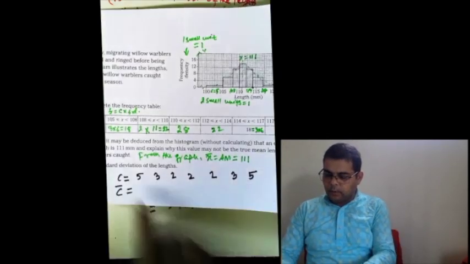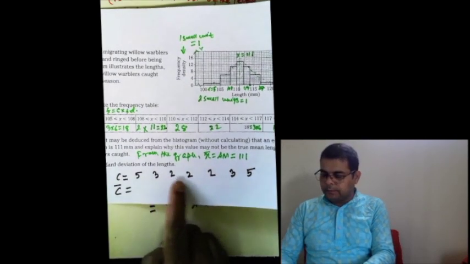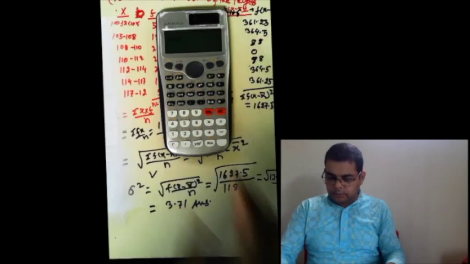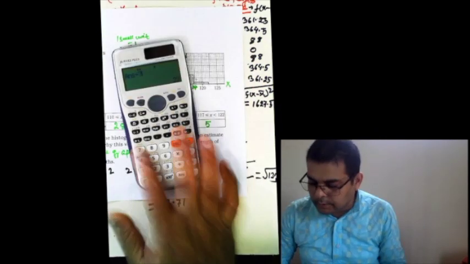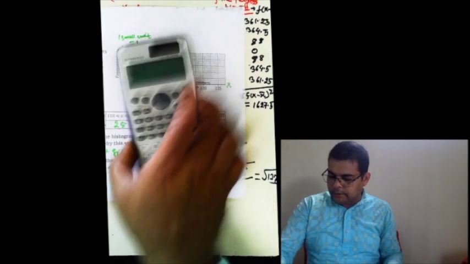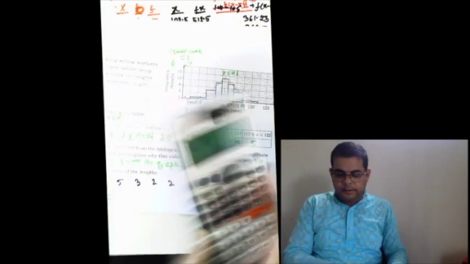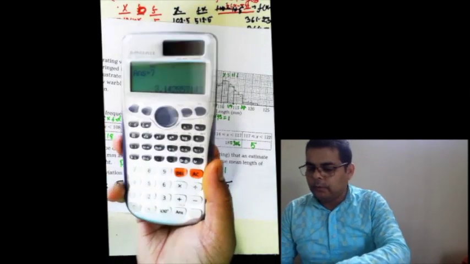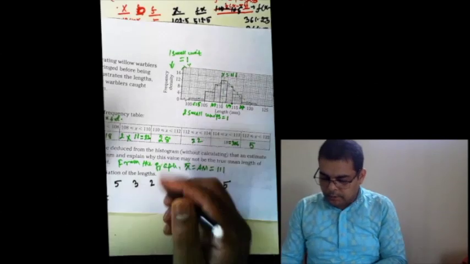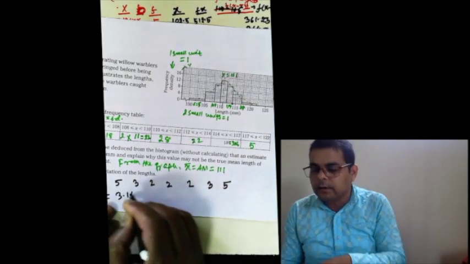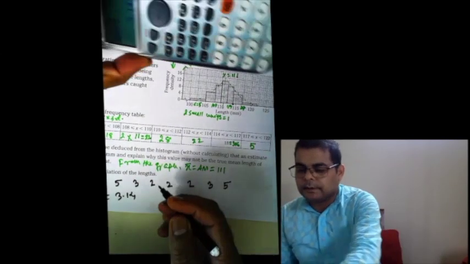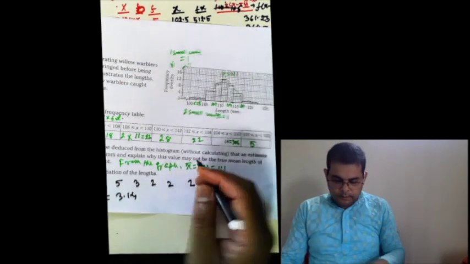You can see 1, 2, 3, 4, 5, 6, 7. So you divide this by 7, and my value for c bar in this case is 3.14, up to 3 significant figures.